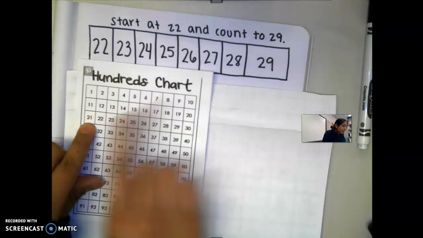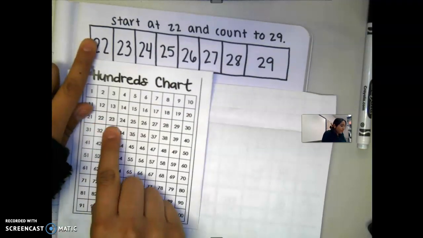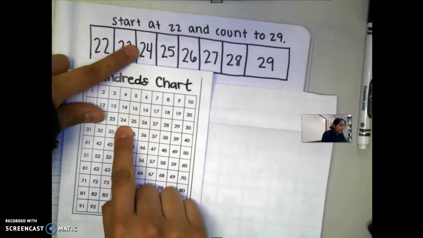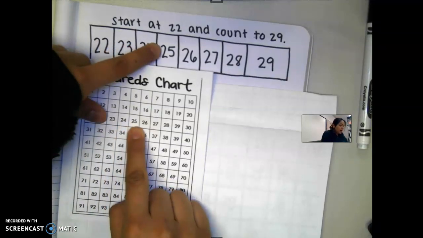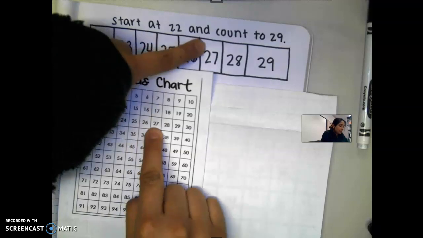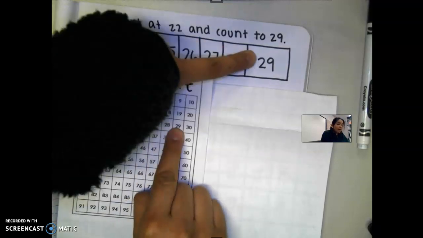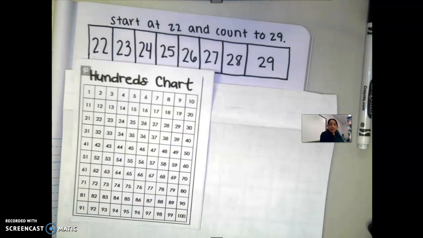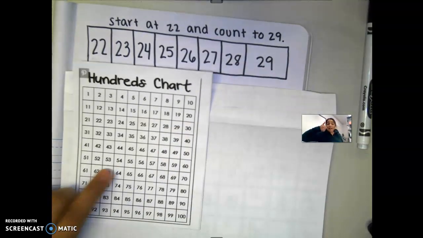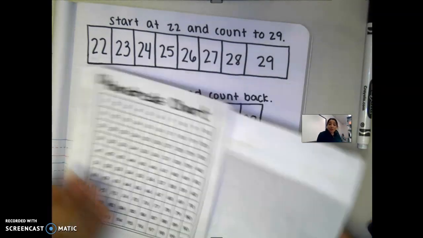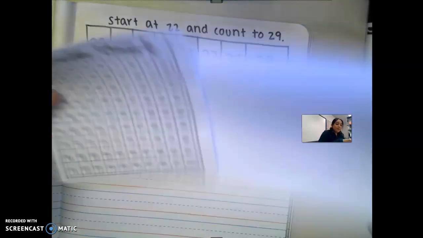I counted on correctly. So I have 22, 23, 24, 25, 26, 27, 28, and 29. So I counted correctly. So awesome job. Thank you for helping me count on.